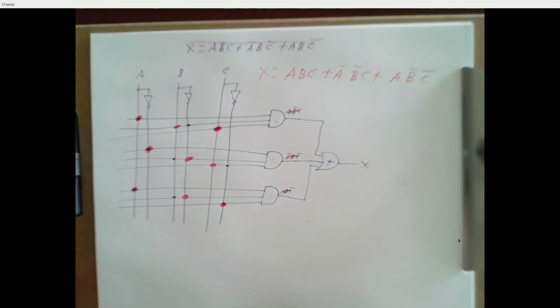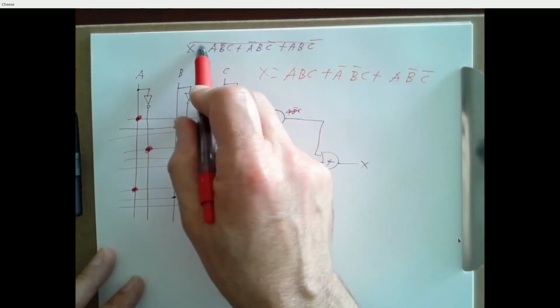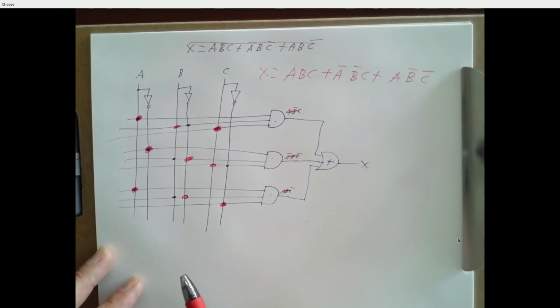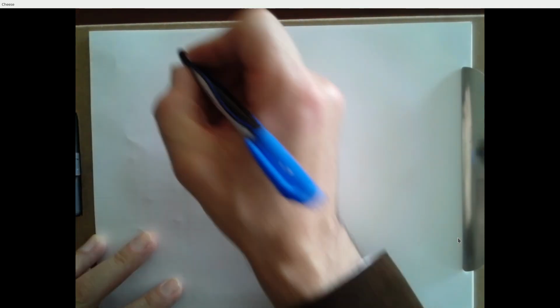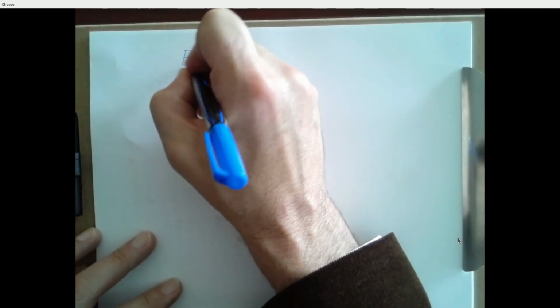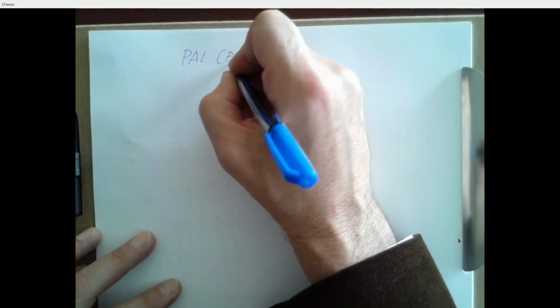You could customize this to implement this function or any other function that you wanted. So these things exist, they're commercially available, they're generally called programmable logic. And this one in particular is called a PAL, which is programmable array logic.